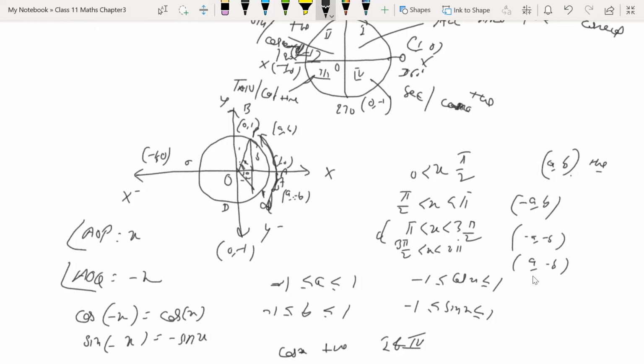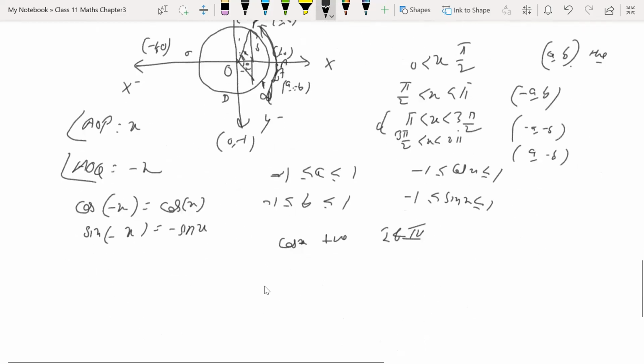The domain and range of trigonometric functions. What are the domain and range of trigonometric functions? From the definition of sine and cosine functions, we observe that they are defined for all real numbers. So we observe that for each x, sine x is less than or equal to 1 and greater than or equal to -1, and cos is also in this range.